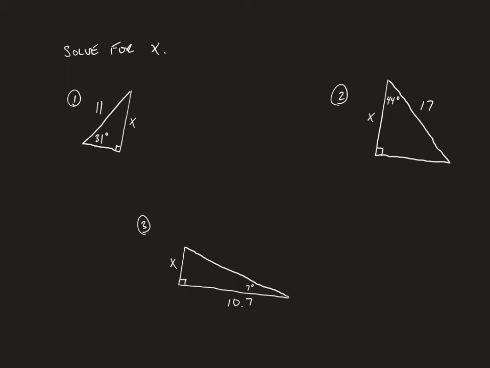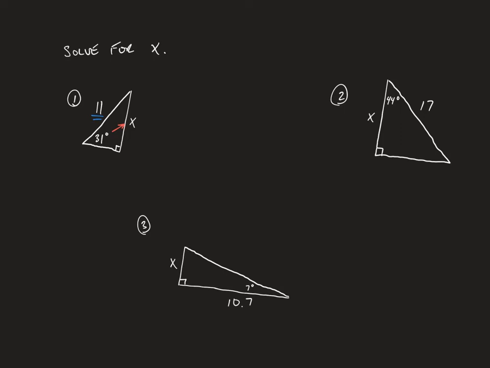So the first thing that I need to identify is in each case, what is the relationship that I'm going to be examining here? So here's my 31-degree angle. It's a right triangle, so that's good news. I can make sure that I'll be using sine, cosine, or tangent here. And it looks like the two sides that are relevant are the opposite side of that 31-degree angle and the hypotenuse side of that 31-degree angle.